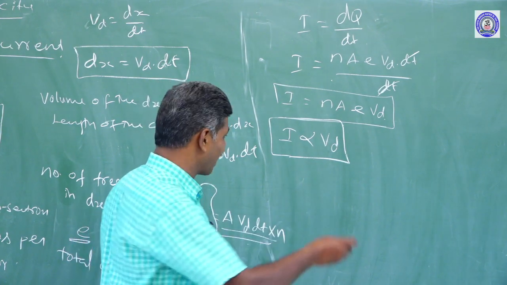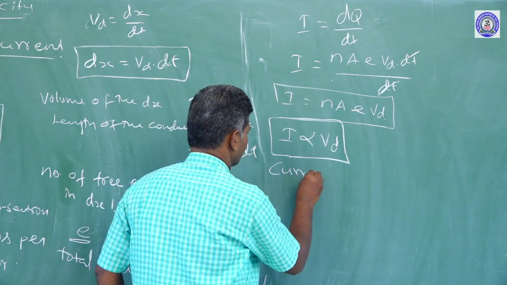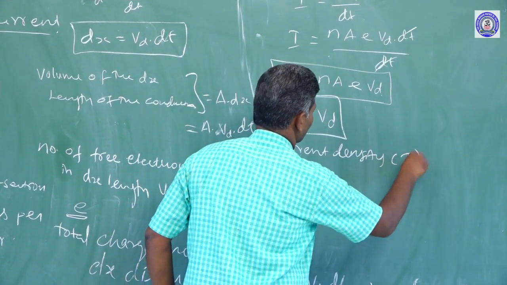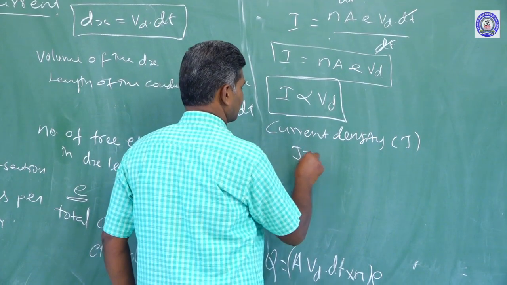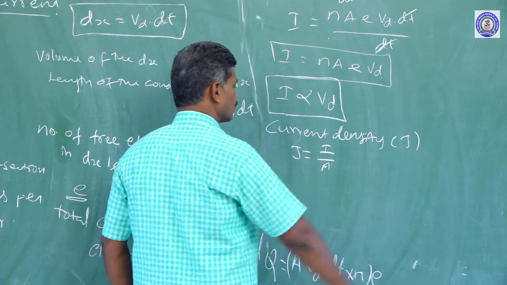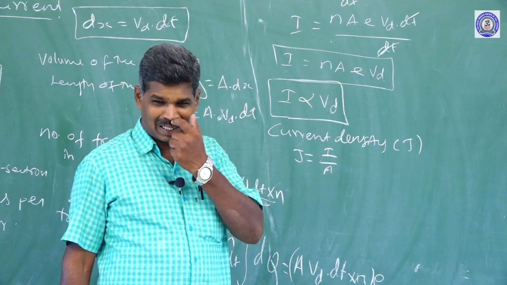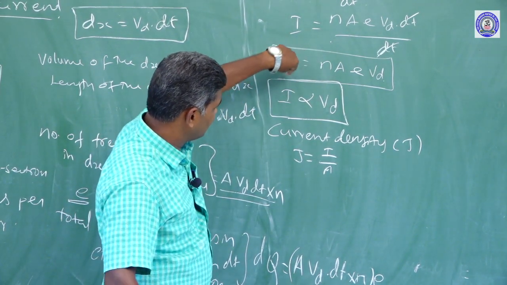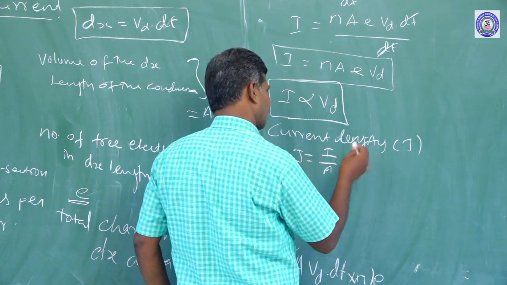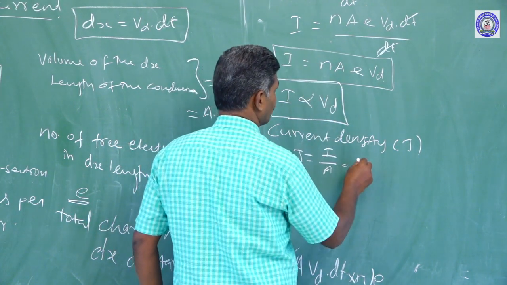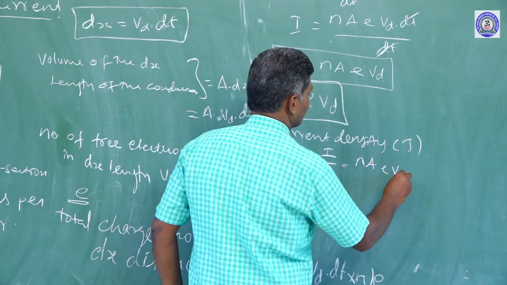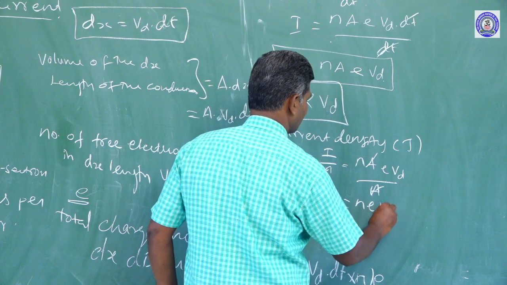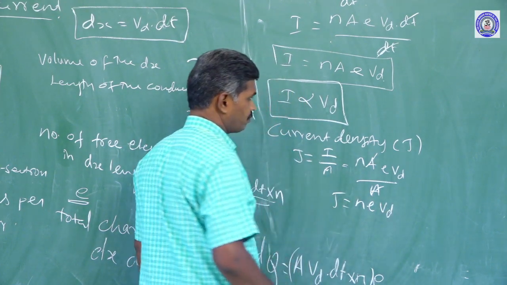Next is the current density, which is represented as J. J is equal to I by A, current per unit area of cross section. If you substitute the I value, I is n A e Vd, divided by A, A cancels, and we get J is equal to n e Vd.